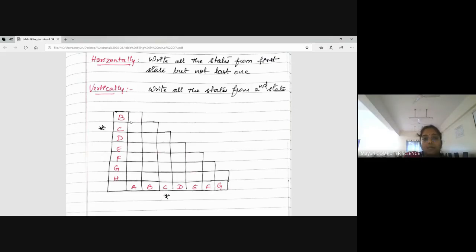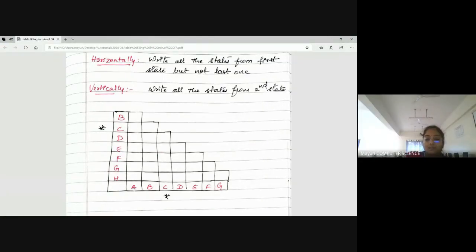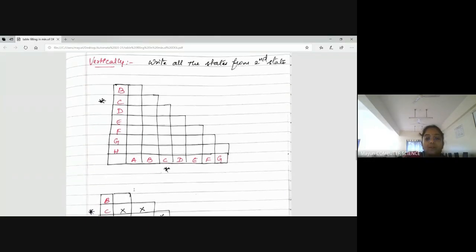Fine. Now, what about AC? C is a final state, A is a non-final state, right? Can I distinguish that? Yes. So now what I have to do is make a cross mark over all distinguishable things, which means I should not disturb them.